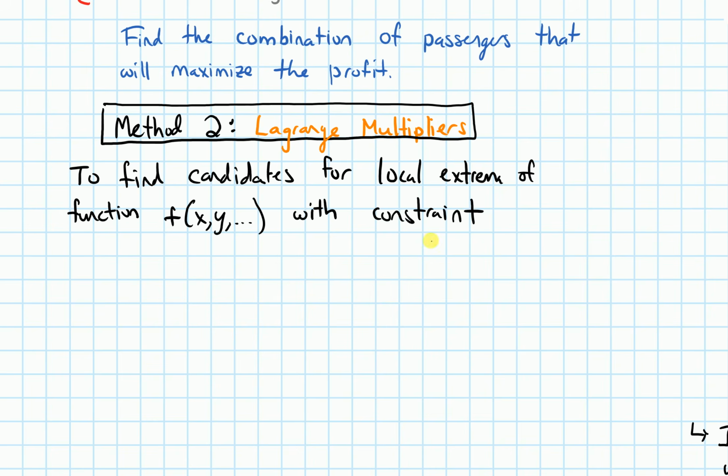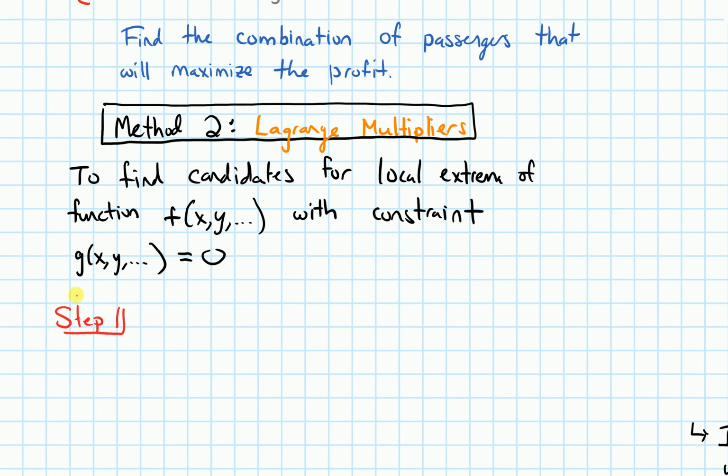I'm going to write the constraint as an equation, so there will be some function g of x comma y comma dot dot dot, depending on how many variables there are, and we're going to write the constraint so that the whole thing is equal to 0. So if it's not equal to 0 initially, we'll rearrange everything to have 0 on one side. Okay, so this is going to be the general outcome that we're trying to get with Lagrange multipliers. We're going to have some process that's going to find candidates for where the local mins and the local maxes happen.